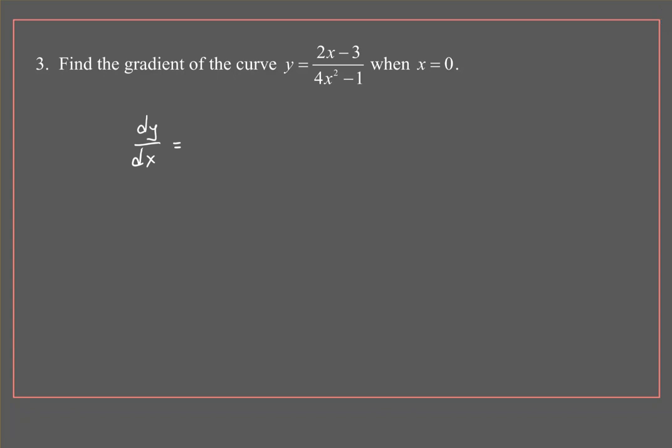Now I'm going to write it out differently here, just as an option. Those who want to make sure they don't miss anything, you can do this to start off till you feel comfortable. And I like writing something like this: 2x minus 3 prime. I'm just going to write out the quotient rule with the functions I have.